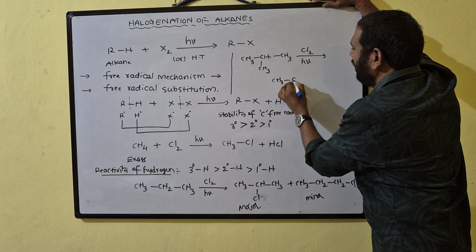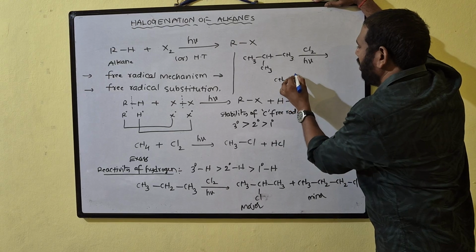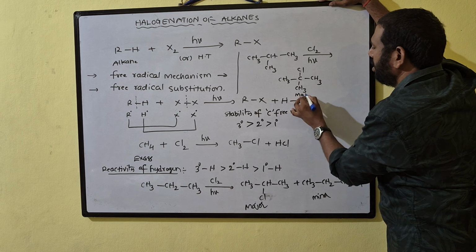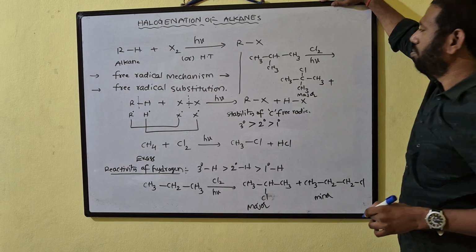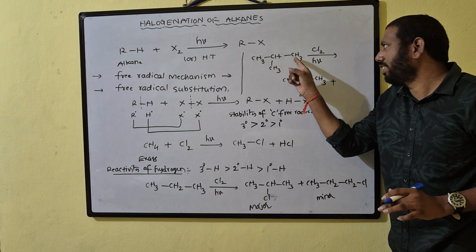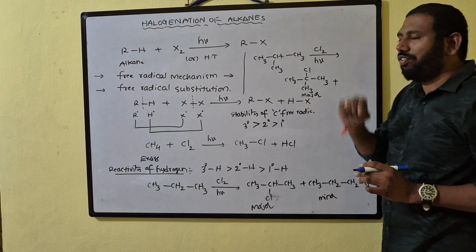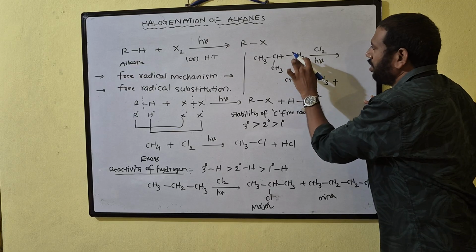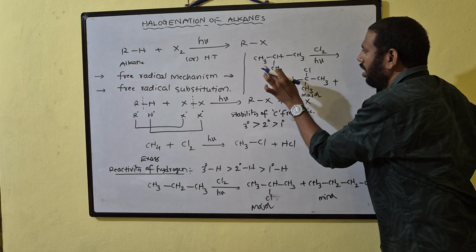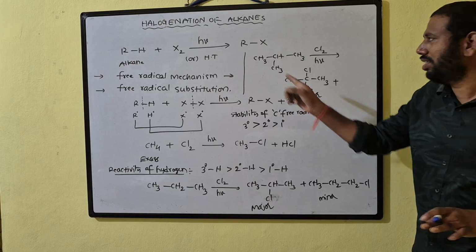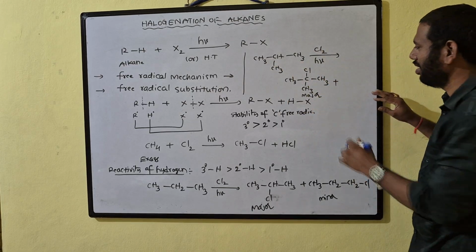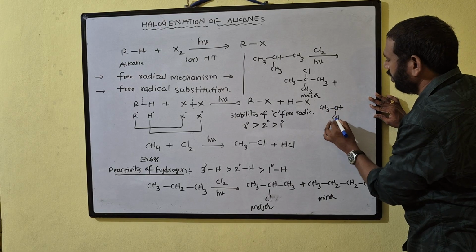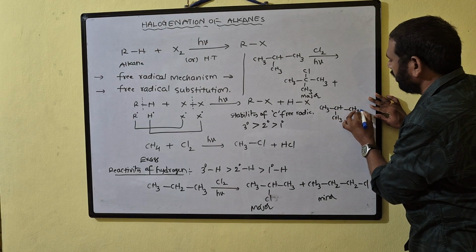CH3, CH3, Cl, CH3. It is the major product. If the substitution takes place at the other carbon, the product will be minor. So, substitution at this carbon or this carbon or this carbon produces only one product, because these 3 carbons are symmetrical, right? CH3, CH, CH3, CH2, Cl.